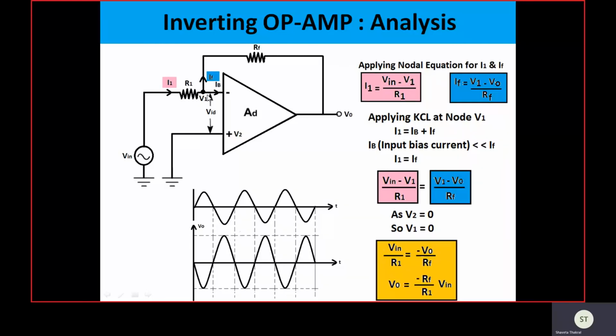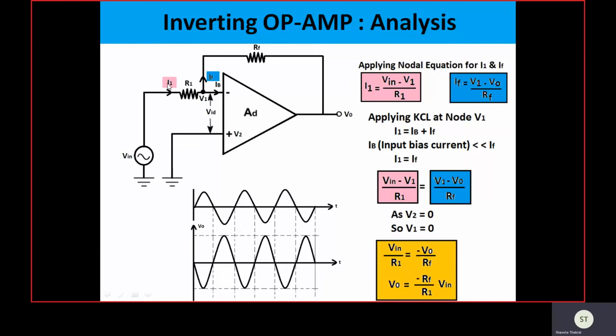We can see here at this point the KCL can be applied as I1 is equal to IF plus IB, and this IB is the input bias current going inside the operational amplifier. As a golden rule we have discussed that no current should go inside the operational amplifier and the input bias current should be 0. So if we put the input bias current as 0, then I1 is equal to IF.